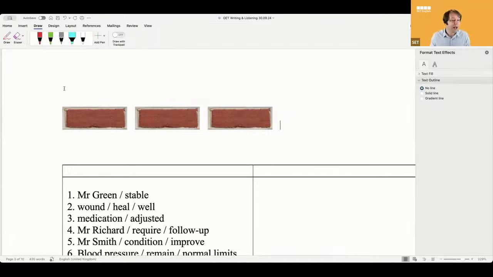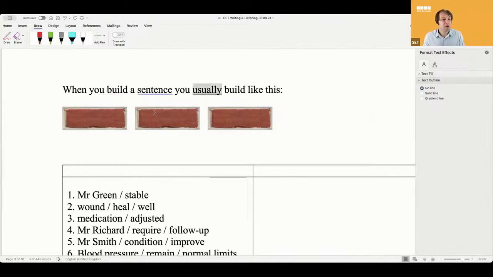It's like building a house, okay? When you build a sentence, you build like this, okay? Or let's say a structure. You usually build like this. So, for example, guys, it would be subject and verb.